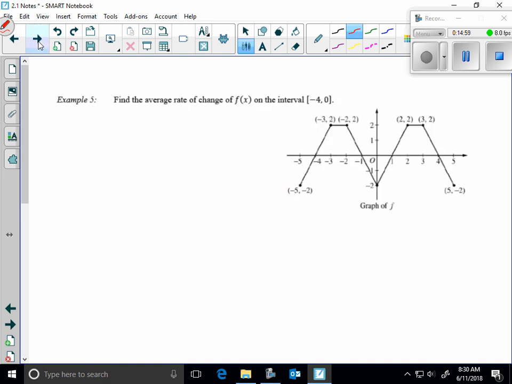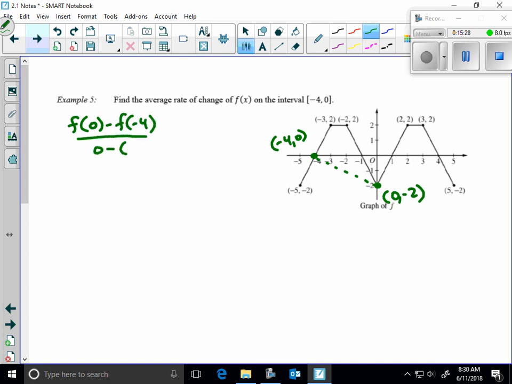Okay. Last example for today's notes is find the average rate of change of f of x on this interval from -4 to 0. So I want to go from wherever the function is at -4 to wherever the function is at 0. I want to identify those points. And then I want to find that average rate of change. So I'm just going to take the slope between those 2 points. So I'm going to take f of 0 minus f of -4 over 0 minus -4.